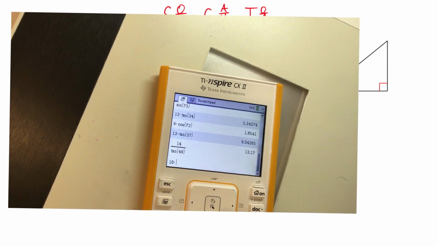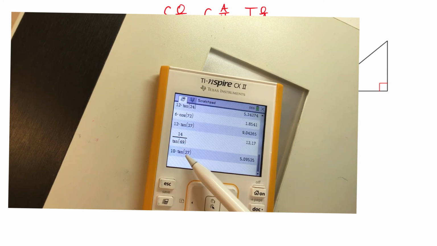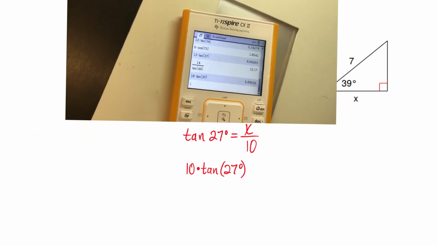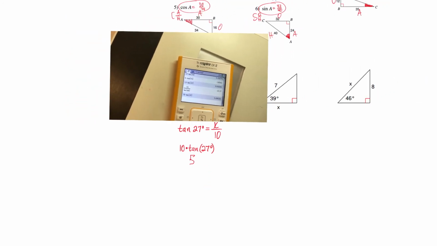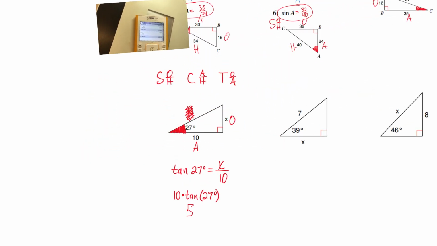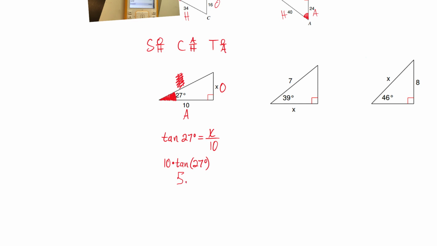So 10 times tangent of 27 gives 5.095. That 5 is going to round that 9 up, and that's going to round that up to a 1. So we'll say 5.1.